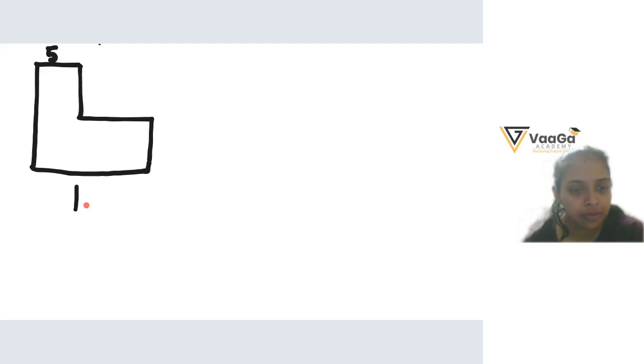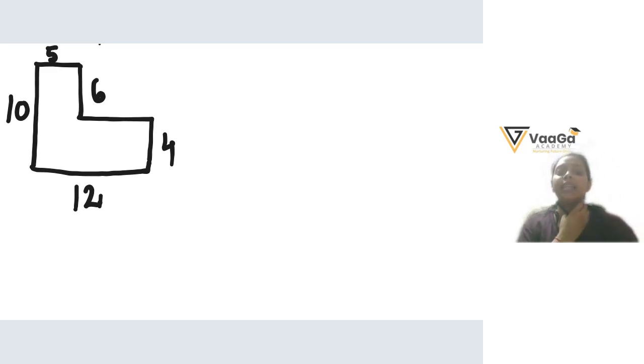This is 12. This is 10. This is 6. This is 4. Now first let's calculate. See, this vertical side is 6. We have to find the horizontal one.